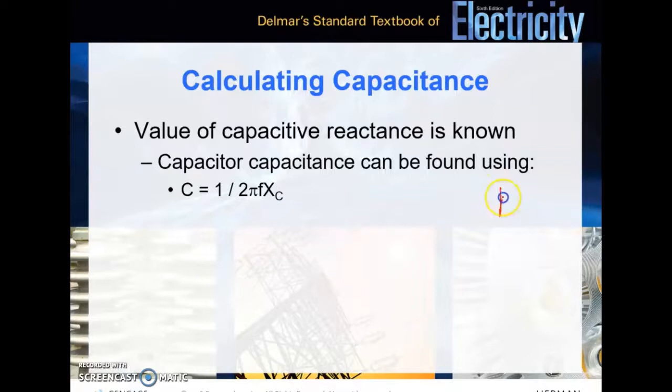I think this version is shown in Appendix B. So I'm going to do the algebra here. This is the formula that we saw on the previous slide, and this is the formula that is in Appendix B.